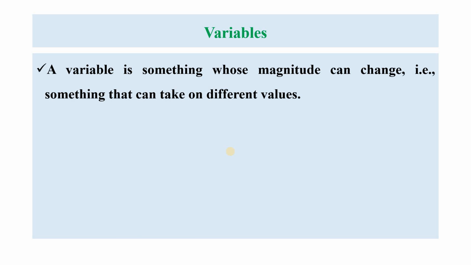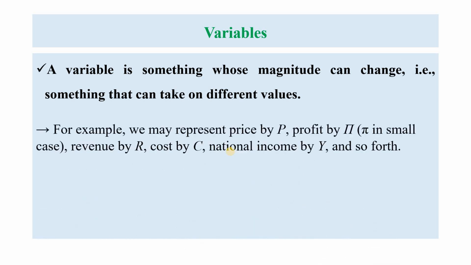A very simple definition: a variable is something whose magnitude can change, that is, something that can take on different values. Variables frequently used in economics include price, profit, revenue, national income, consumption, investment, imports, and exports.